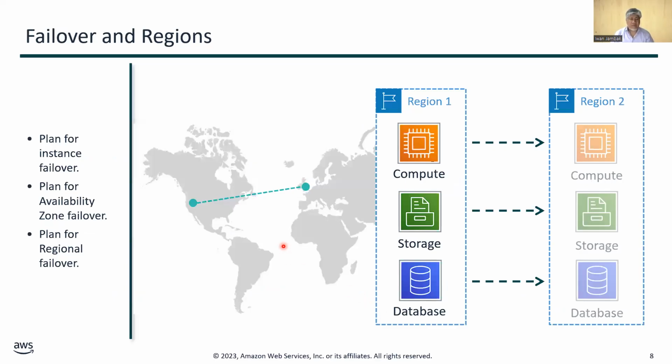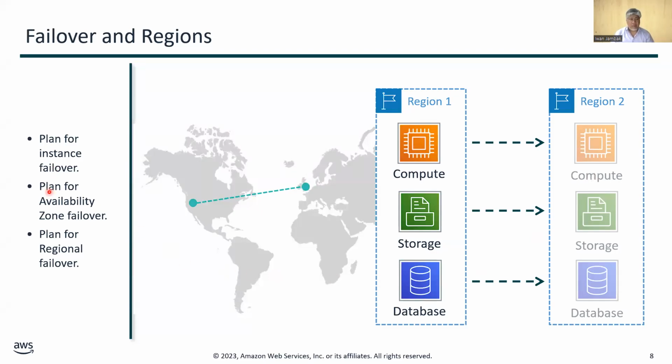We had this discussion before: within one region we already have multiple availability zones. This is about the region itself. If one region has problems, the failover goes to another region, a standby region.